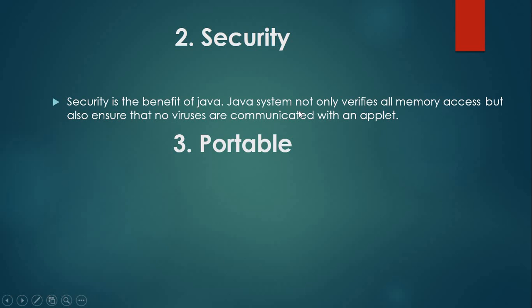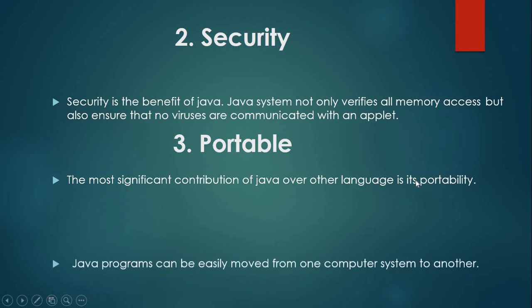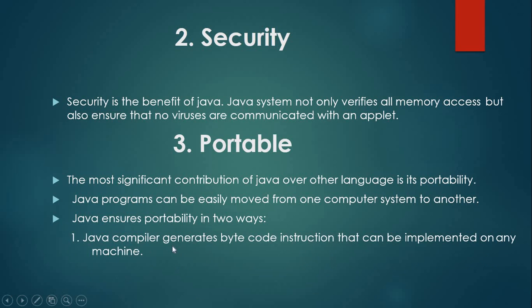Third is portable. Why is Java portable? Because the most significant contribution of Java is its portability. Java programs can be easily moved from one computer system to another. Java ensures portability in two ways. The first way is that the Java compiler generates bytecode instructions that can be implemented on any machine.